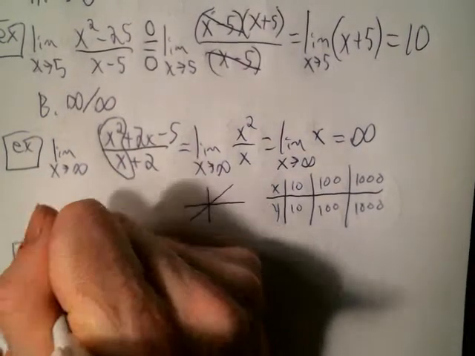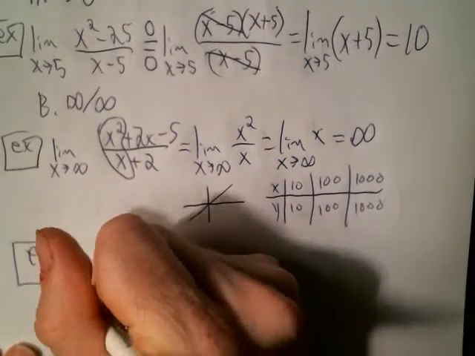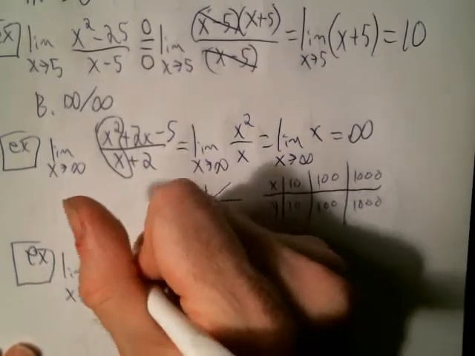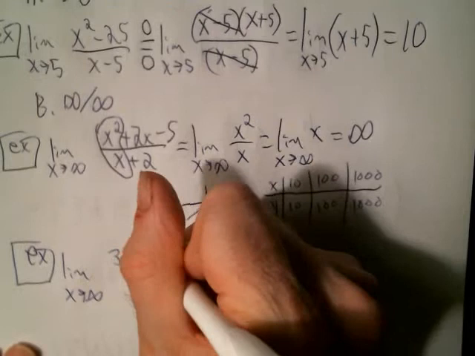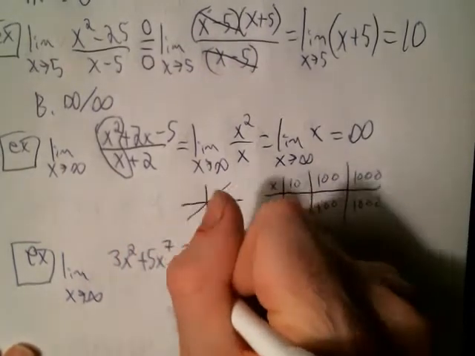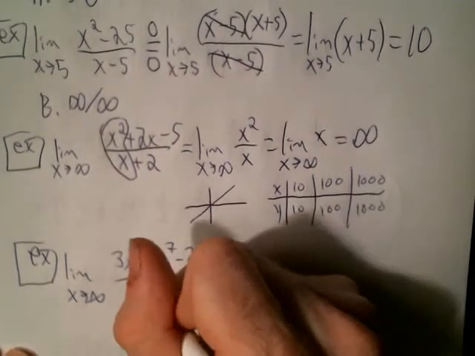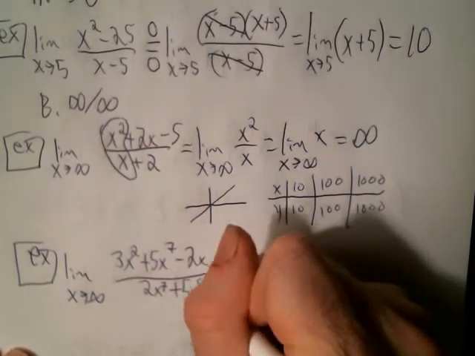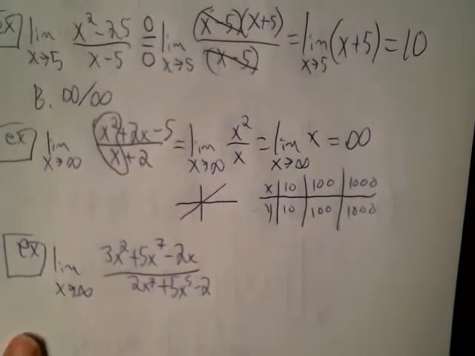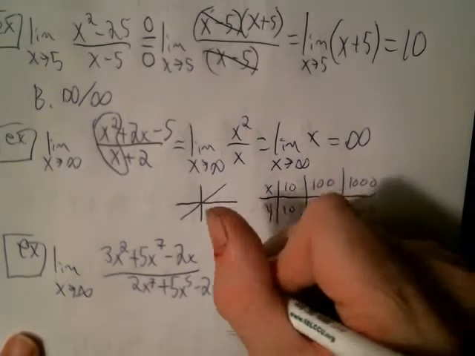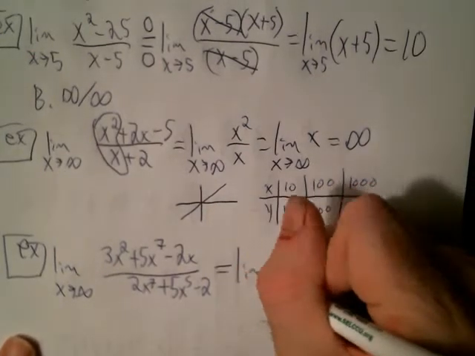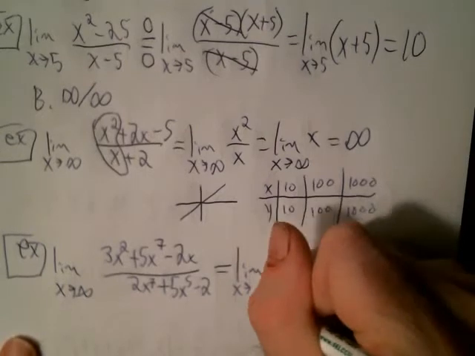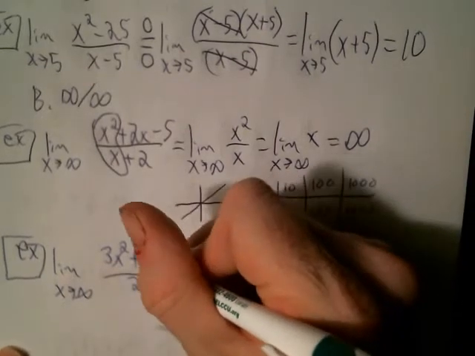Let's look at another one. The limit as x goes to infinity of 3x squared plus 5x to the 7th minus 2x all over 2x to the 7th plus 5x to the 5th minus 2. All right, so what you do again, this limit will be the same as the limit of the ratio of the high degree terms.